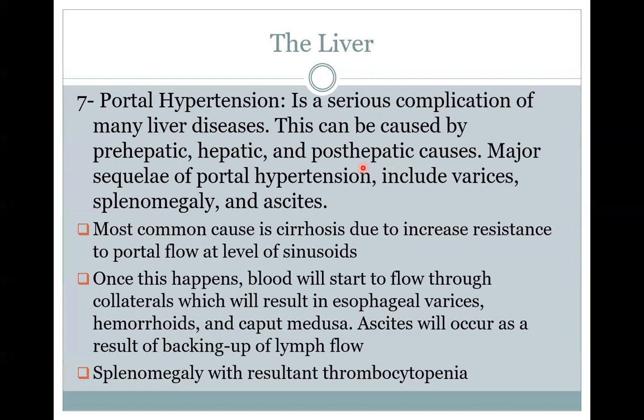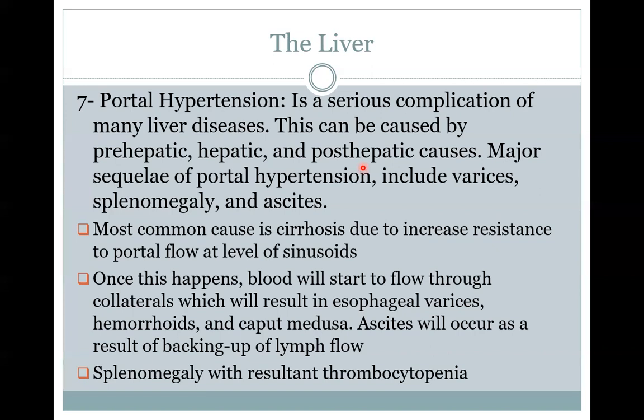Now we'll talk about how that comes to happen. Once the flow of blood into the liver has slowed down, what's going to happen to the rest of the blood that has to find its way? That's when the areas where there is anastomosis between the systemic and the portal circulation are going to take over. Those areas are going to receive more blood, to accommodate this retrograde flow, if you will, of blood from the GI.